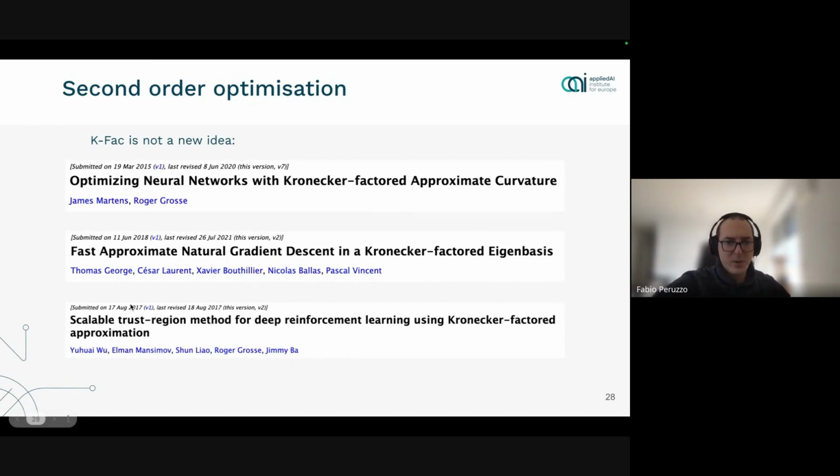The last paper here, the scalable trust region one, applies KFAC to reinforcement learning, and it also has around 700 citations. So again, you may have already heard of KFAC. This is the same approximation, it's just that now we can use it without feeling uneasy about the type of errors that we introduce with it.